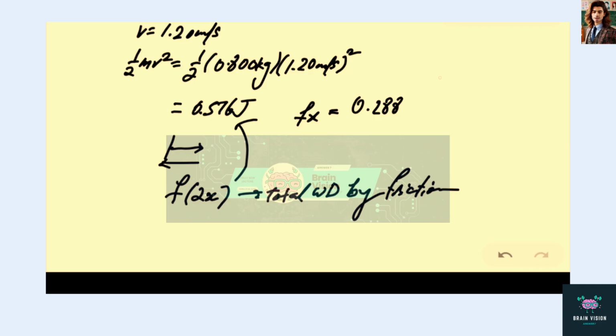So this is the total work done by friction, and this is only for when it just compresses. So this is equated to the overall elastic potential energy that is stored in the spring.